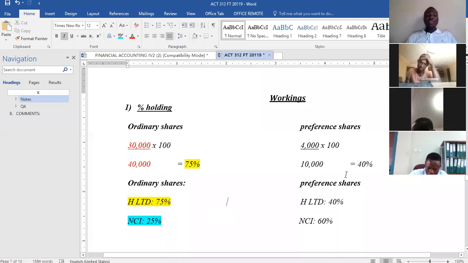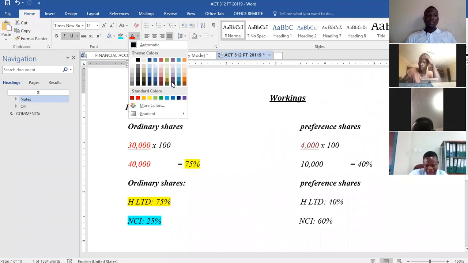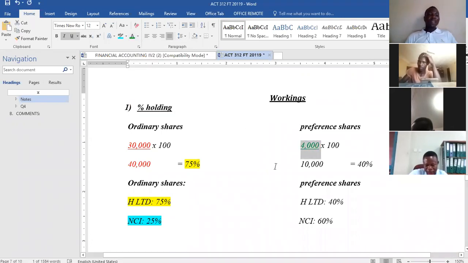Then you come to preference shares. In note 1, we were told that he bought 4,000 preference shares. If you buy 4,000 preference shares and there are 10,000 preference shares, then what percentage is he getting from buying the preference shares?